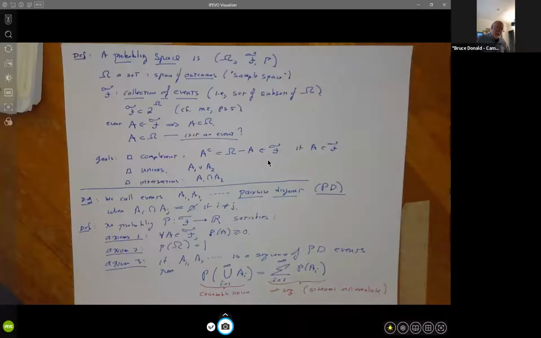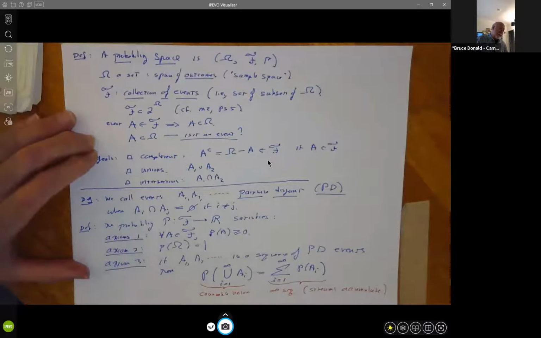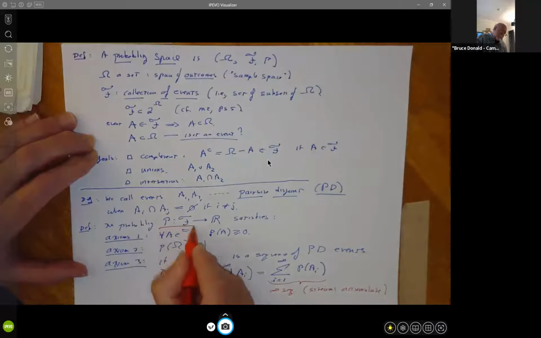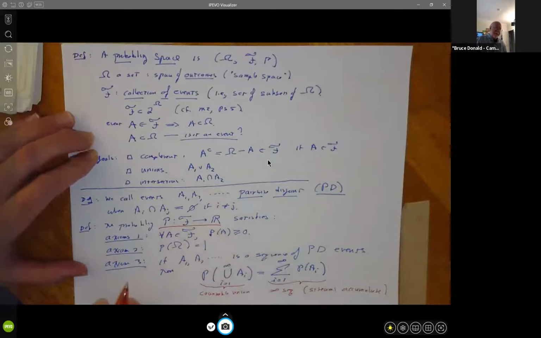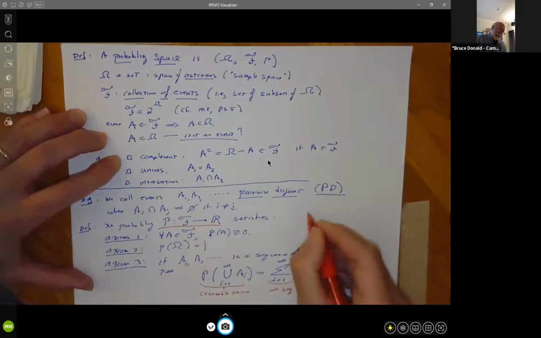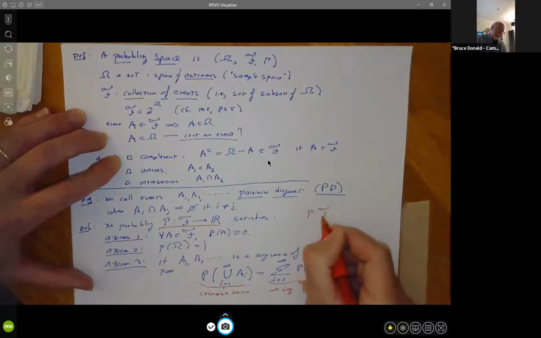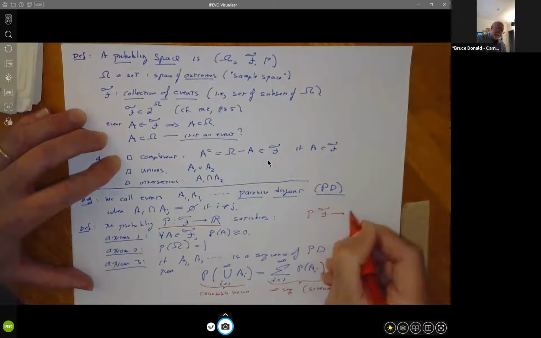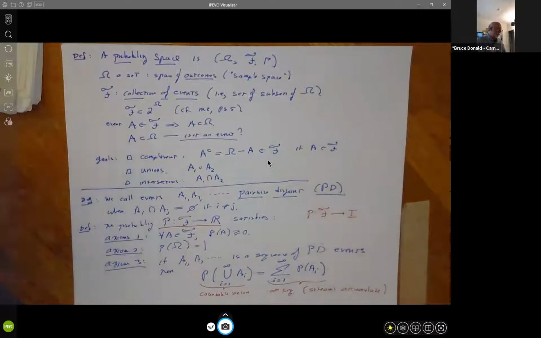But in particular, one thing we can conclude from this definition of what probability really is is that in some sense, we have information already. So this probability function here, which really does give a real number for each event, in other words, P of A, where A is an event, we can conclude from this in a relatively small number of steps that actually the probability function could be written as just a mapping from events to the unit interval, because probabilities are bounded between 0 and 1.